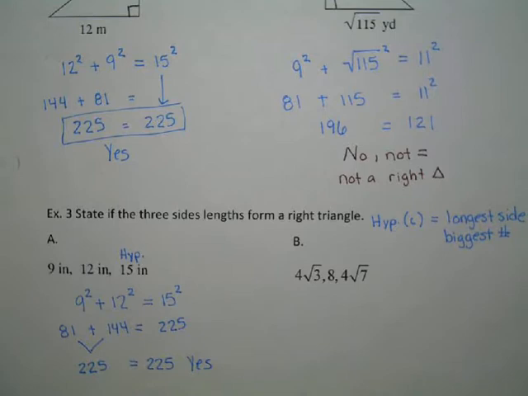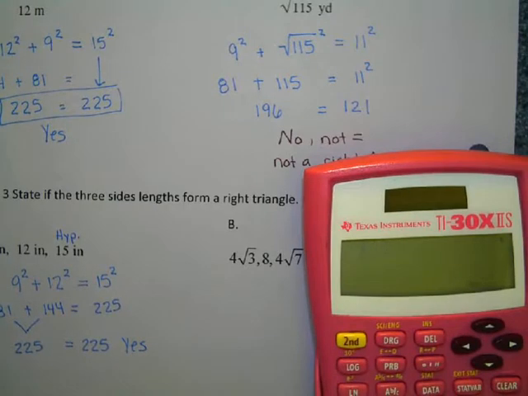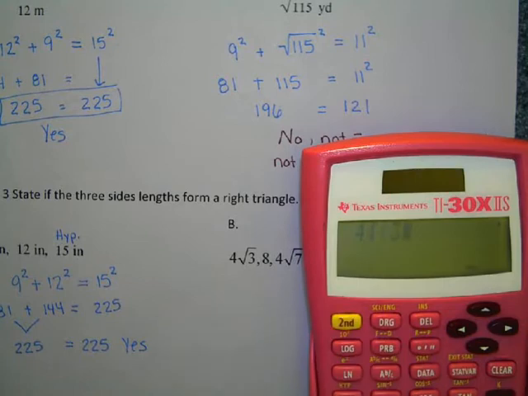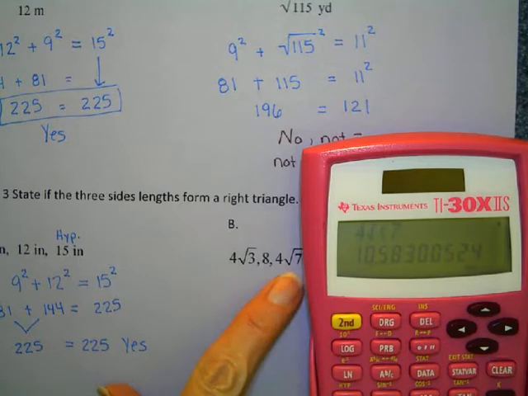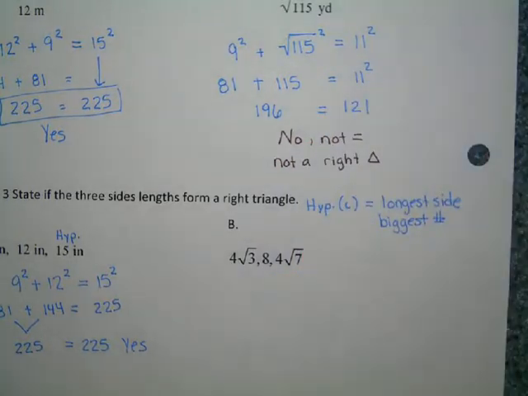Now on this one, how do I know which one's the biggest? So let's type this in. 4 square root of 3 is about 6.9. And 4 square root of 7 is about 10.6. So we're going to say that the last one here is your hypotenuse.